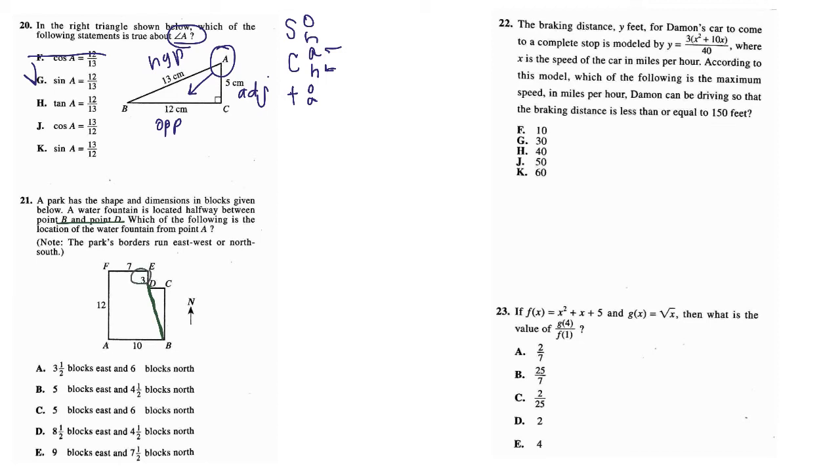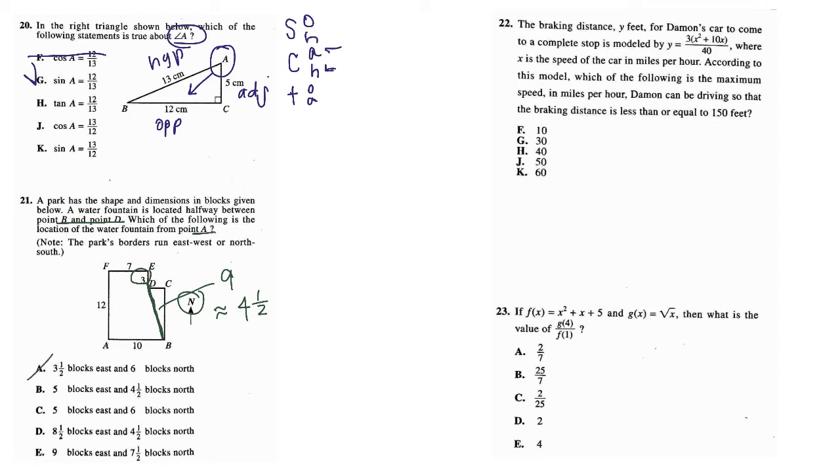We know this portion is 3, so the length of that has to be 9. And so halfway between is going to be right at 4.5, isn't it? And so I would look at my answer choices, because you've got to go 4.5 north.